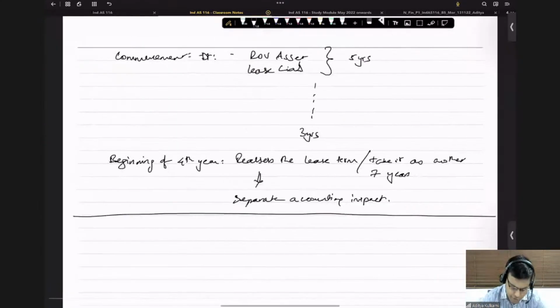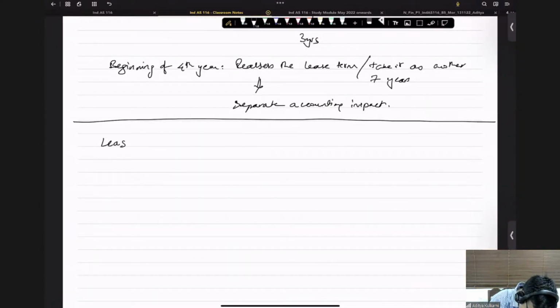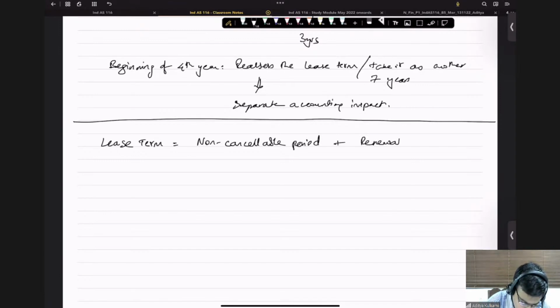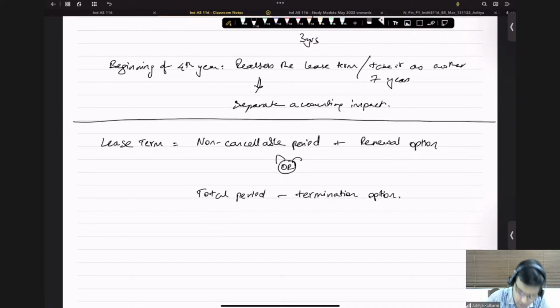So if I have to define my lease term, it is equal to the non-cancelable period plus renewal option, or it is going to be the total period minus the termination option.